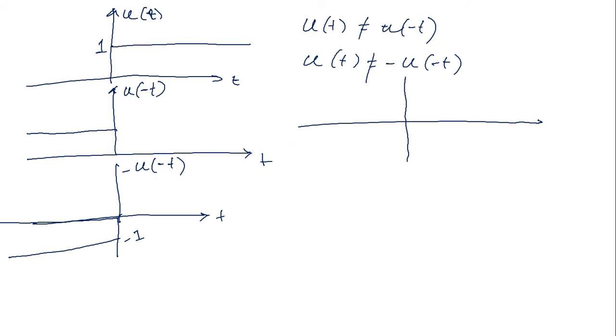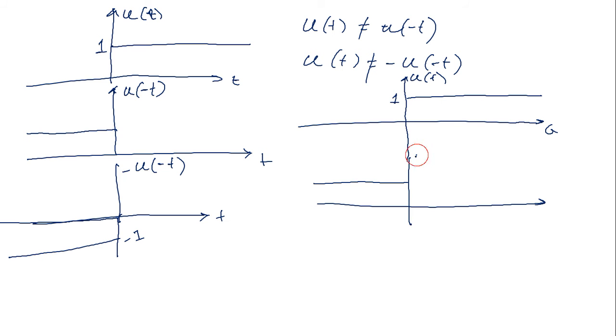If I am subtracting both, say u of t is 1 for t greater than 0, and I am subtracting u of minus t, what should be created? u of t minus u of minus t. A separate signal is created.